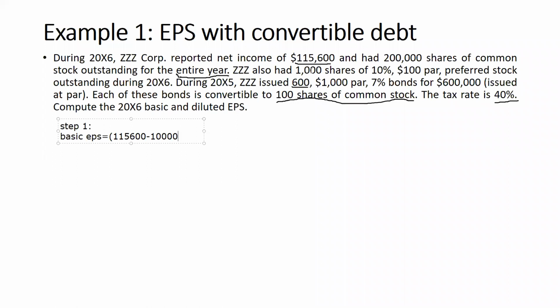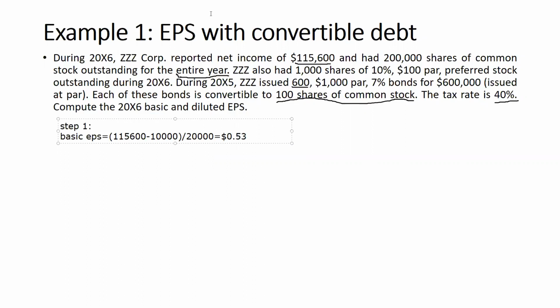There are 1,000 shares at $100, so in total, which makes 100,000, and 10% of it will be paid as a dividend, which is 10,000. And this is all divided by the total number of shares outstanding during the year, which is 200,000. And this is equal to, in terms of dollars, 0.53.